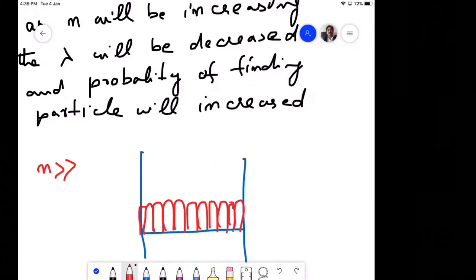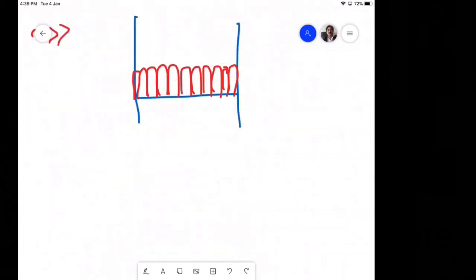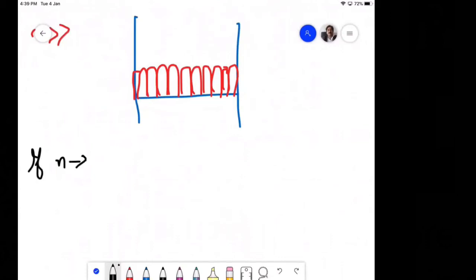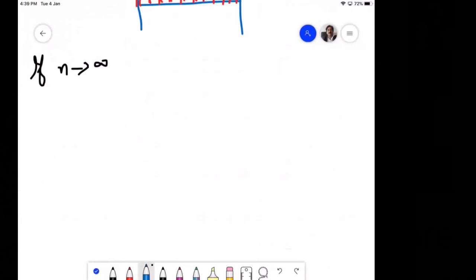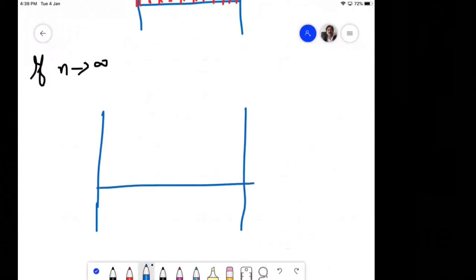So if n tends to infinity, then what will happen? These ripples will be so close.